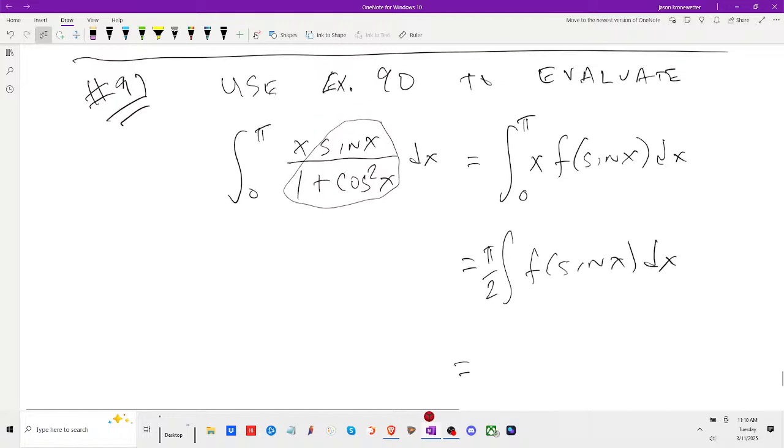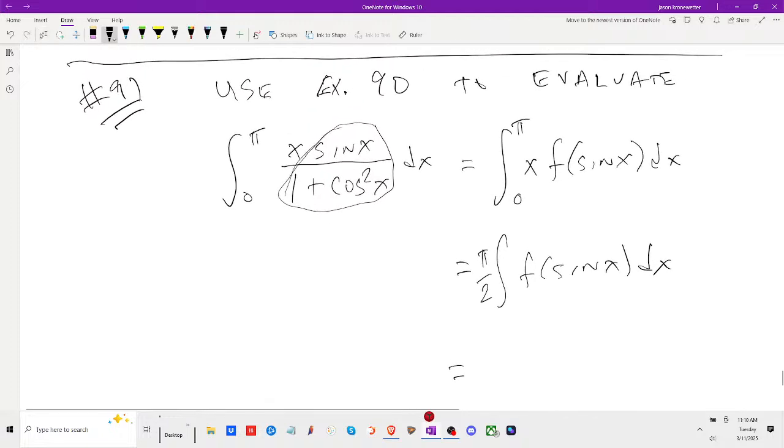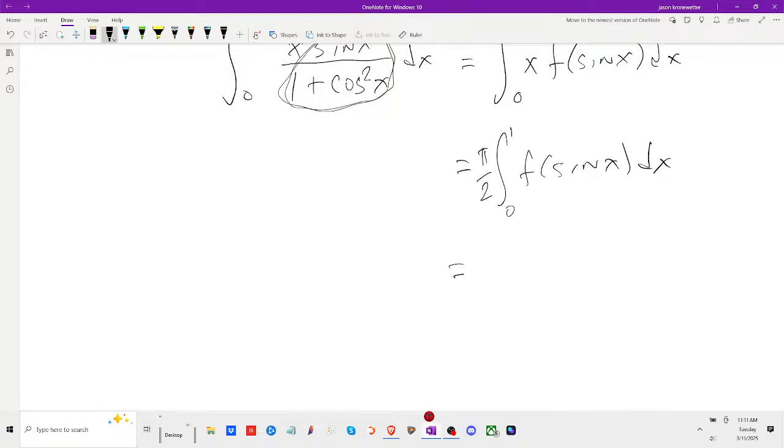If this portion here was the f of sine x, now this integral will be pi over 2, from 0 to pi, of sine x over 1 plus cosine squared x dx.